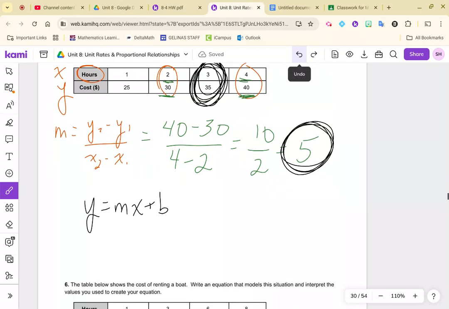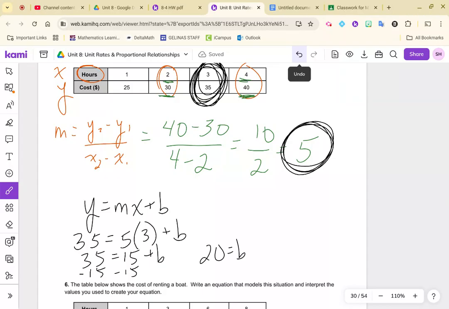So I'm going to take 35 as a y, 5 as my m, 3 as my x, and I'll find b. So 35 equals 15 plus b. So if I subtract 15 from both sides, 20 is my b value. And I can get an equation, y equals 5x plus 20.